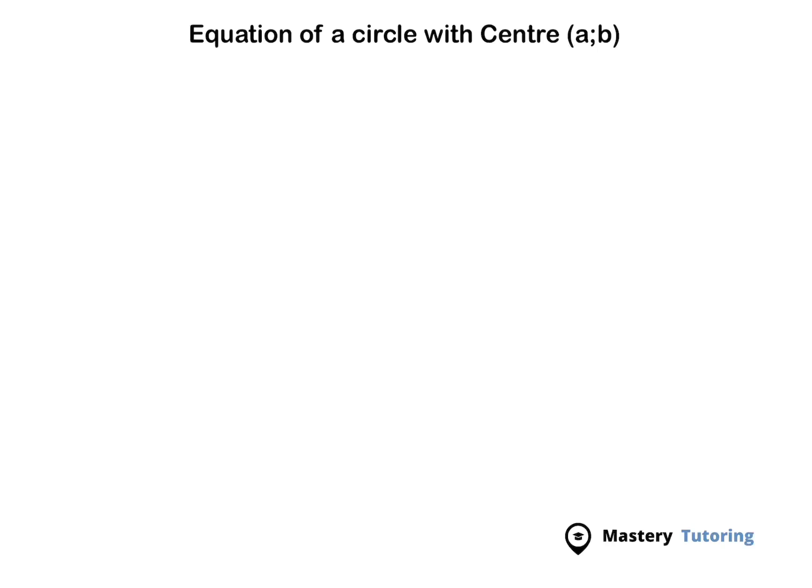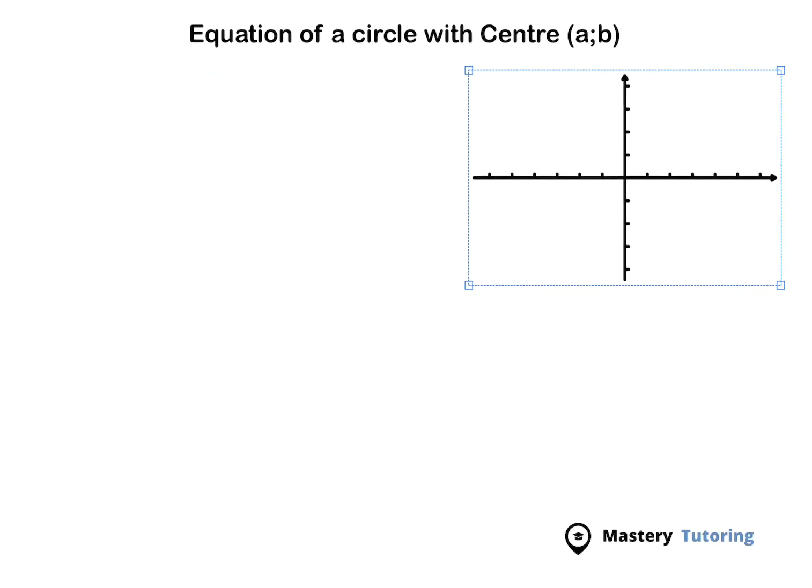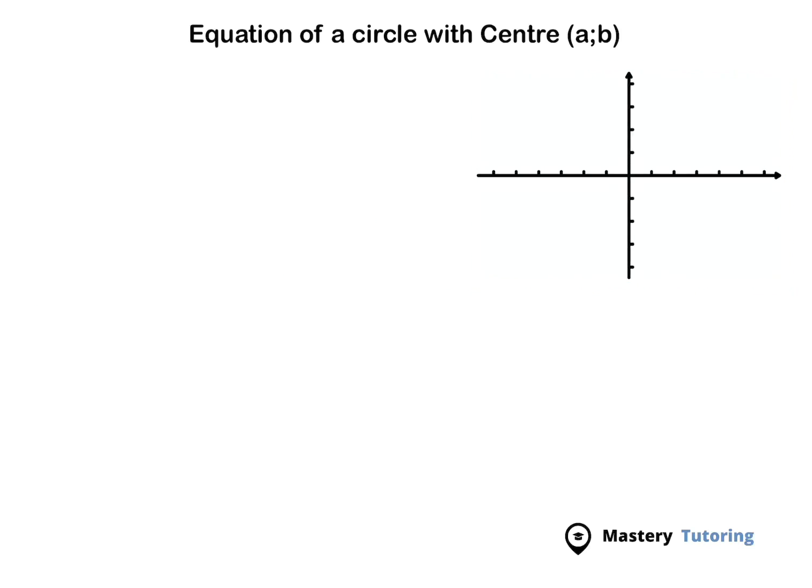So to help you understand this, suppose we have a circle as shown here on our diagram. Suppose this is our circle there, drawn somewhere there. So obviously the center is not at the origin.